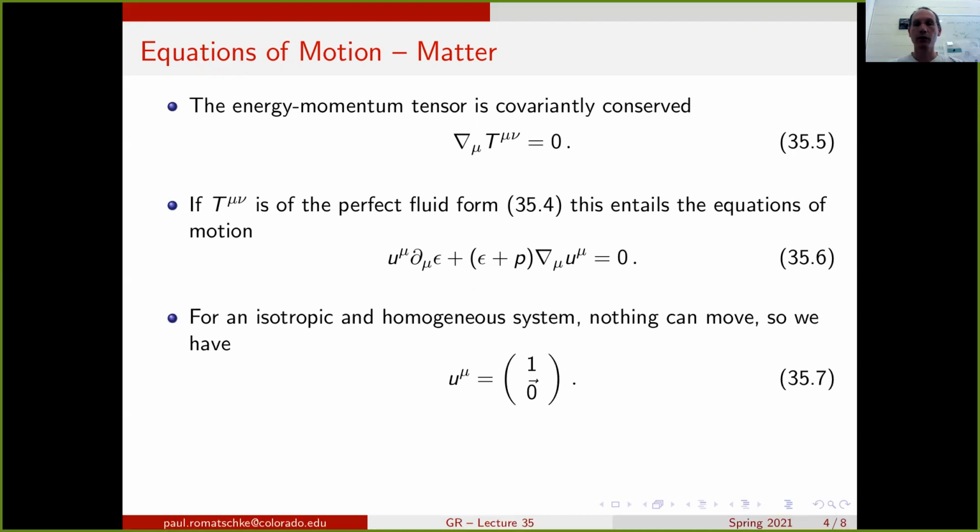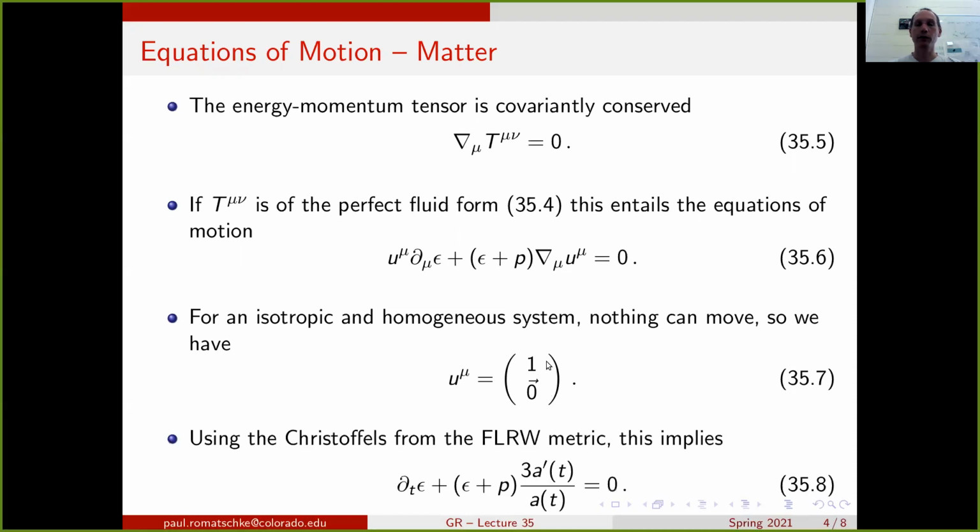For a universe that is isotropic and homogeneous, there is nothing that can move, because if it's moving, it cannot be isotropic and homogeneous. So the fluid velocity must have the form of 1 and 0, and that again simplifies the equations of motion.